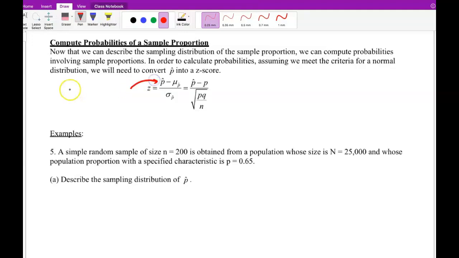So that is the sample proportion. Then here is the mean of the sampling distribution.